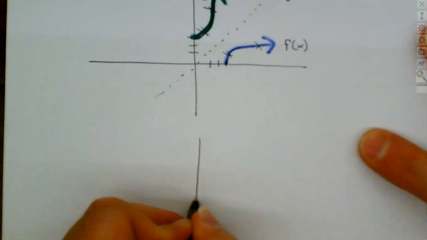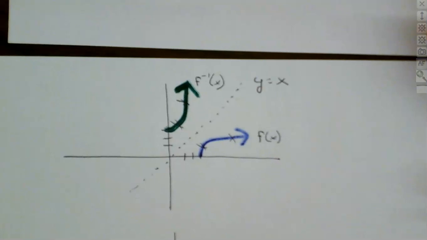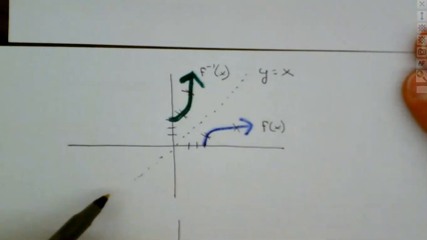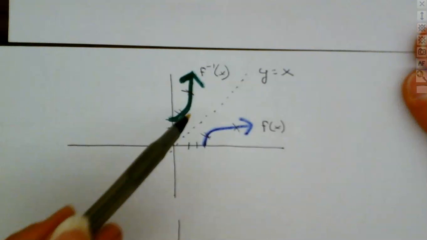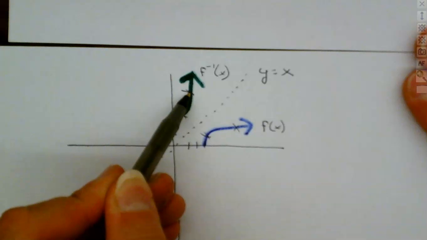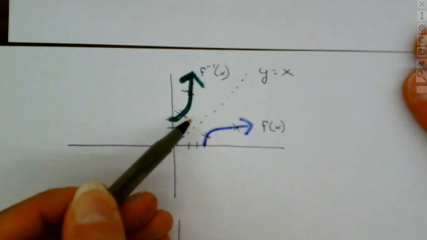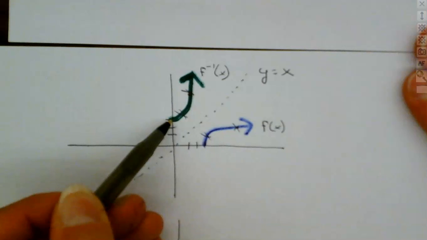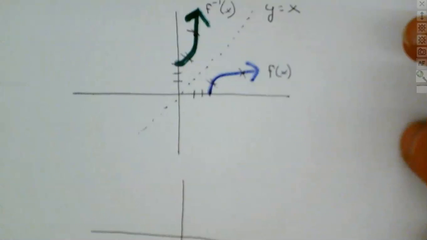Here's another example. These are called inverses. Okay, so they're inverses because if I fold it across this dotted line, this diagonal here, they match up. So this part on this graph, the f inverse, matches up there, right? This one, if I fold it over, matches there. That piece matches there. So these are inverses. So this is graphically what an inverse looks like.